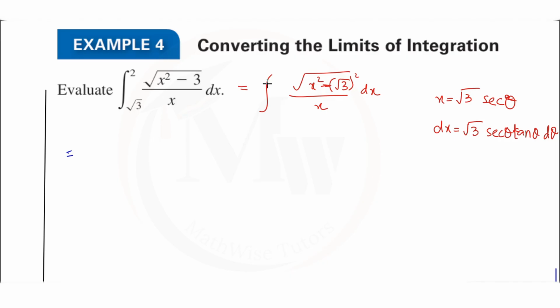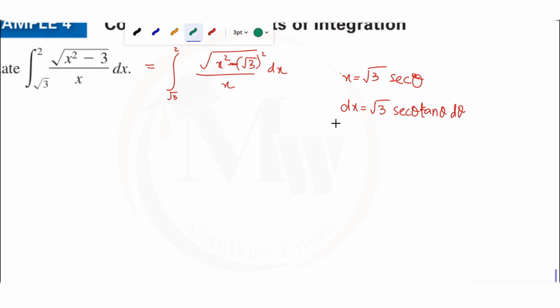We have written the values of x and dx, but what about the limits? These limits are for x, but if you change the x variable into the theta variable, you have to change the limits as well. So by using this, the limits will also be changed. How will the limits change? Look at this.